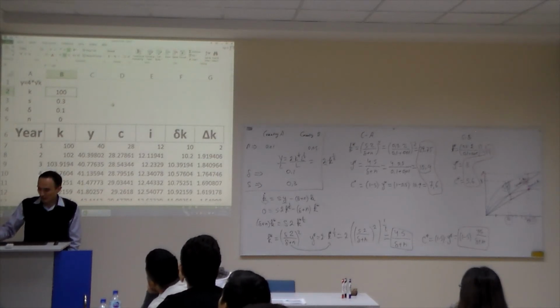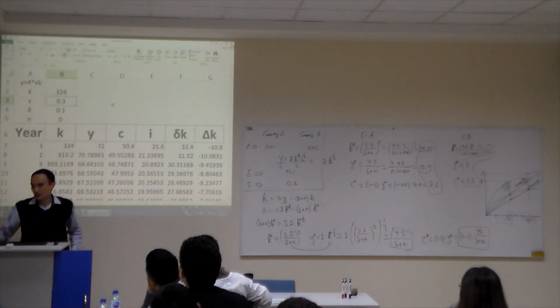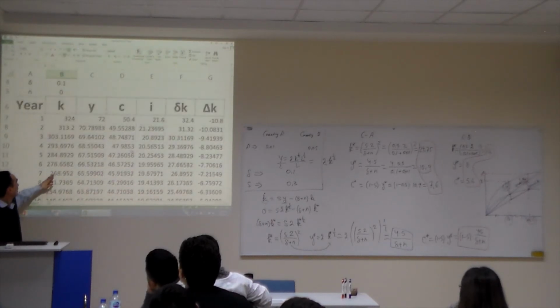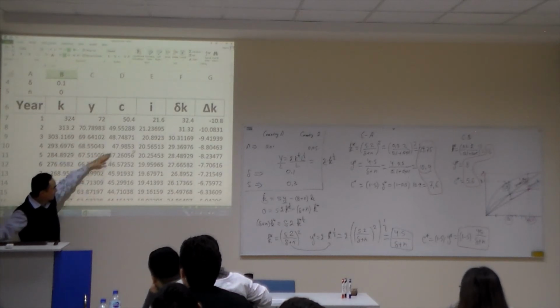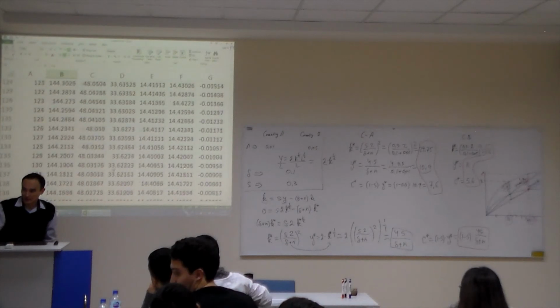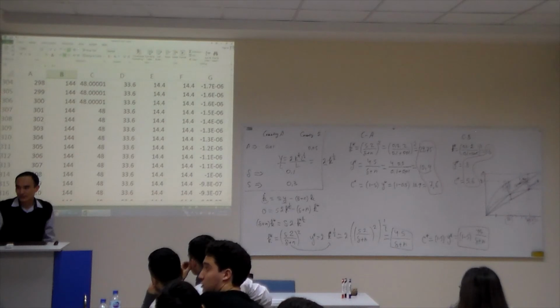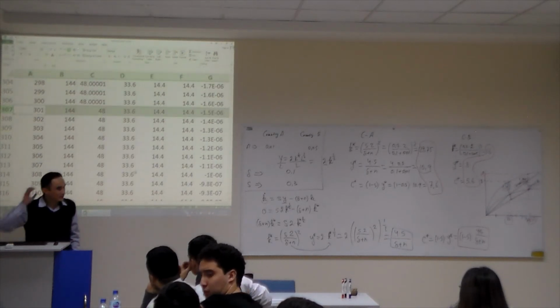If you plug in the 324, now you can see capital is decreasing, output is decreasing, and it will reach that 144 again after exactly 300 years.